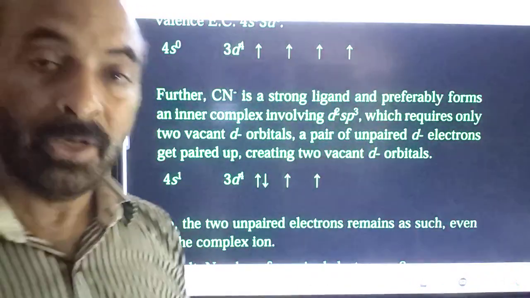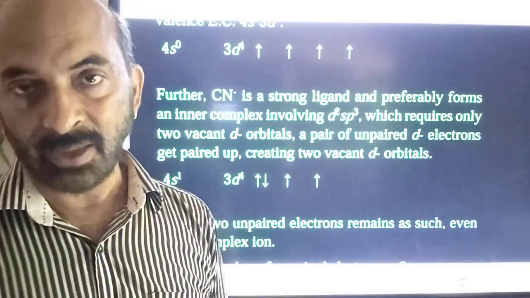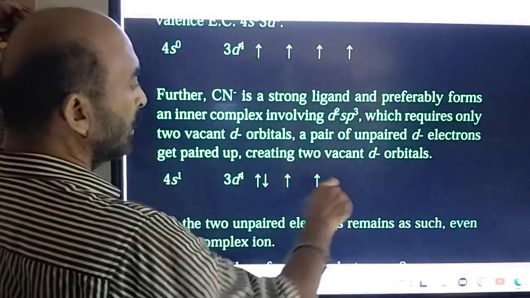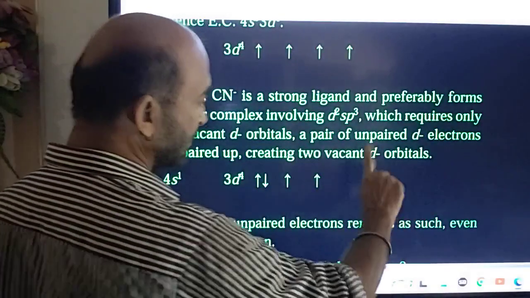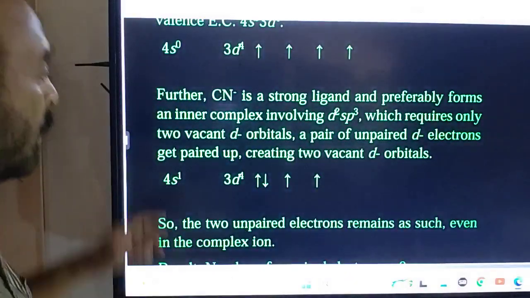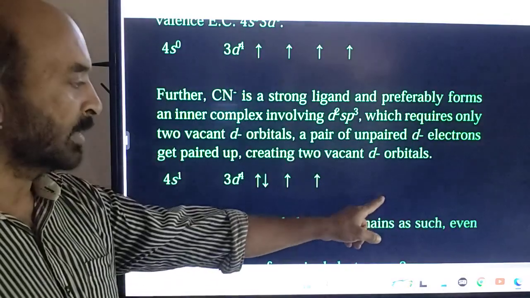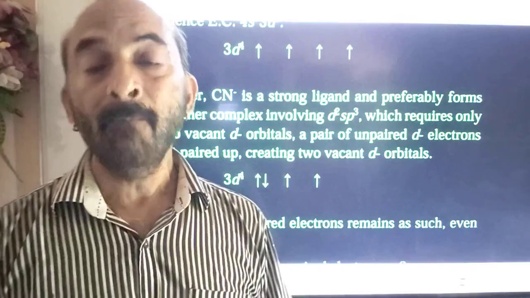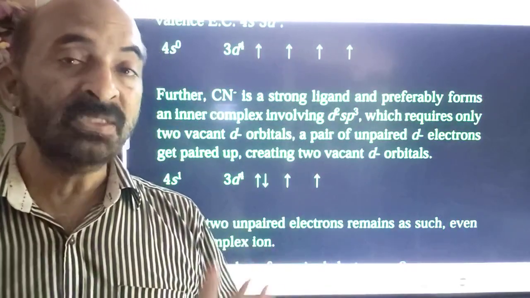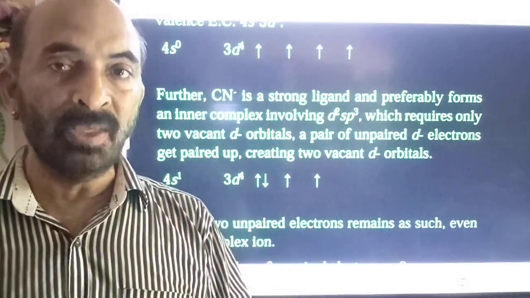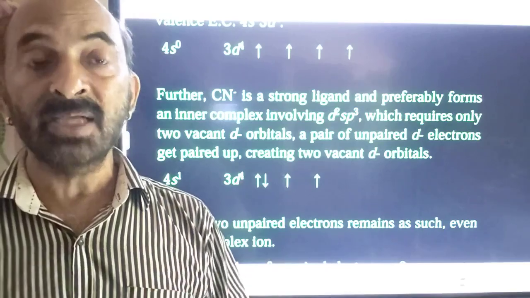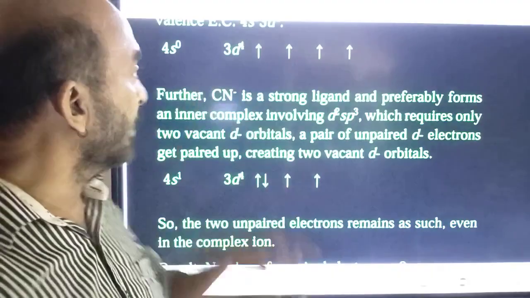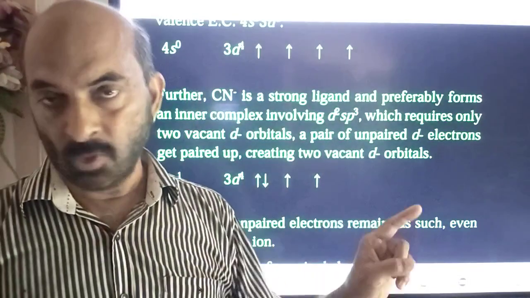For d2sp3 hybridization, it will require 1 more vacant d orbital only. So one of the electrons gets paired up, generating 2 vacancies here. After generating 2 vacancies, it forms d2sp3 hybridization, resulting in 6 hybridized d2sp3 orbitals, in which the ligand cyanide will form coordinate bonds.